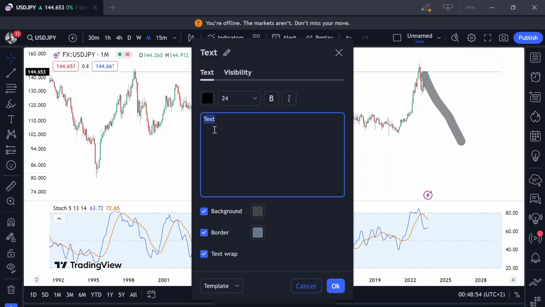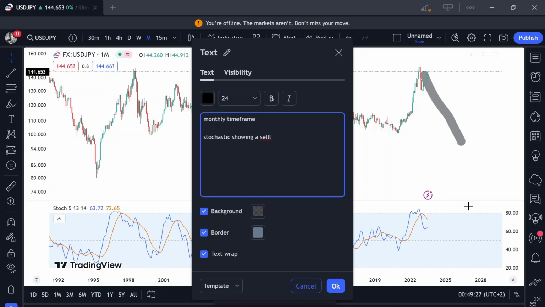You just come to your, let's say for example, your notebook, then you say monthly time frame, then you say stochastic showing a sell.